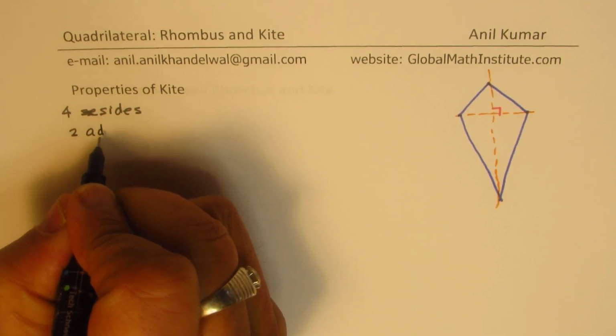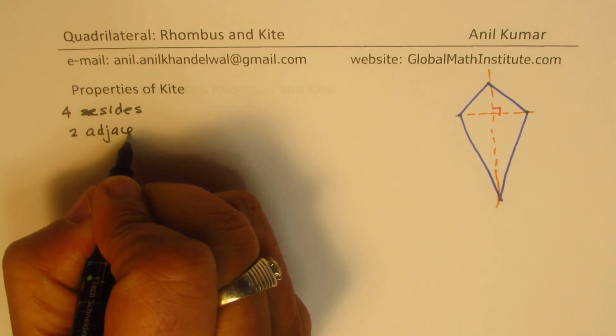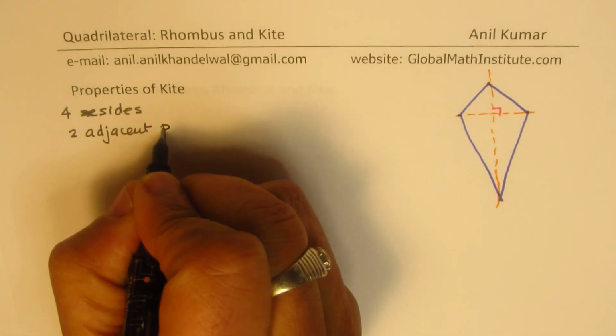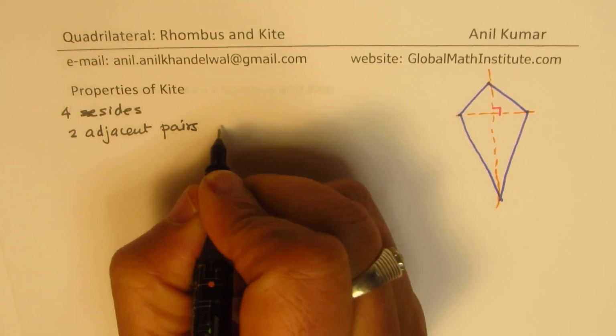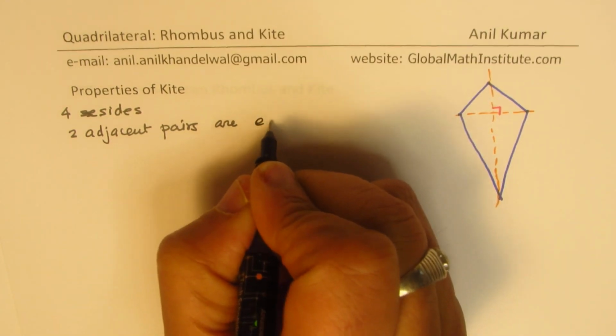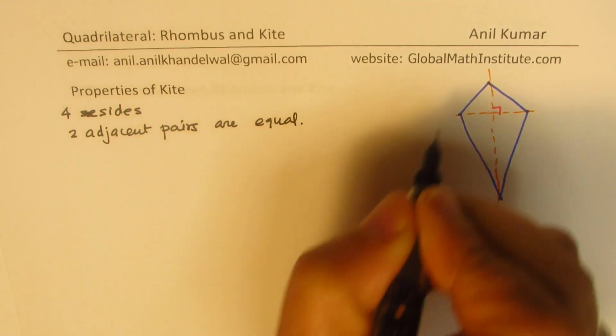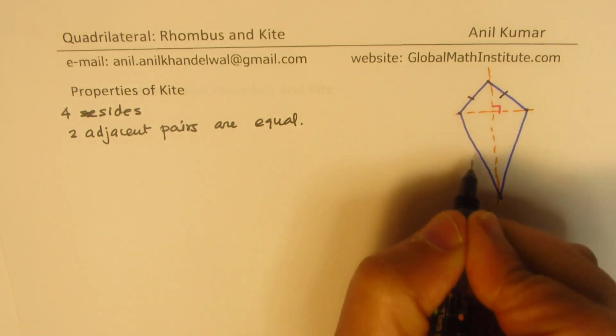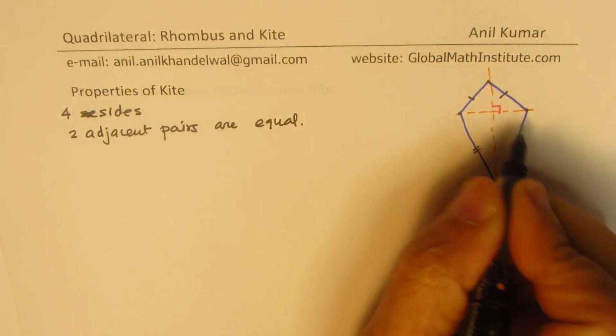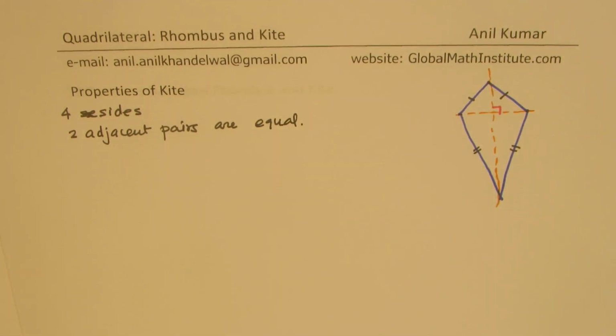Two adjacent sides. So these two are equal and these two are equal, right? Not all 4 are equal. So we sometimes say consecutive sides.